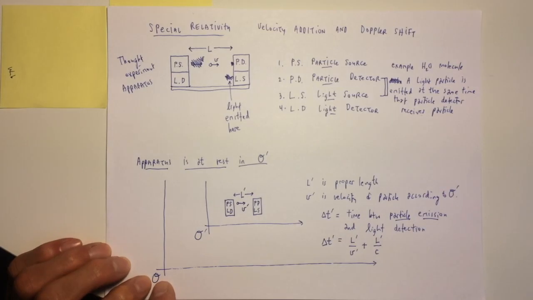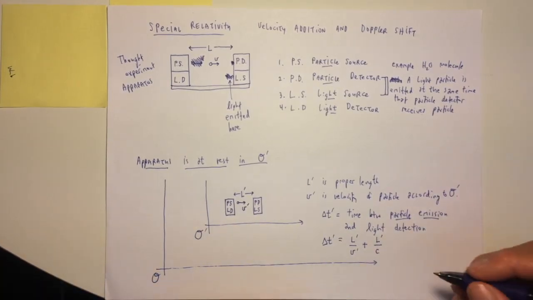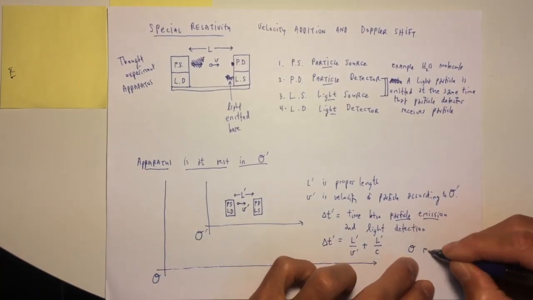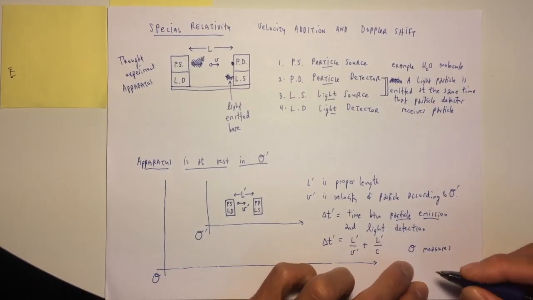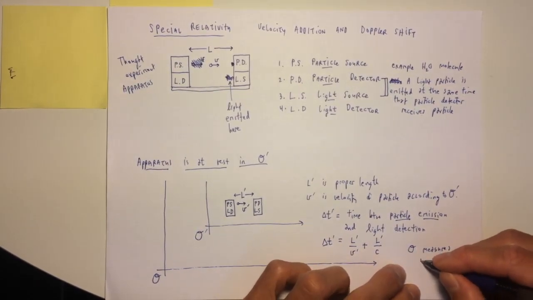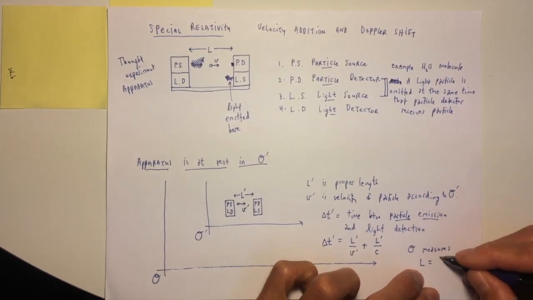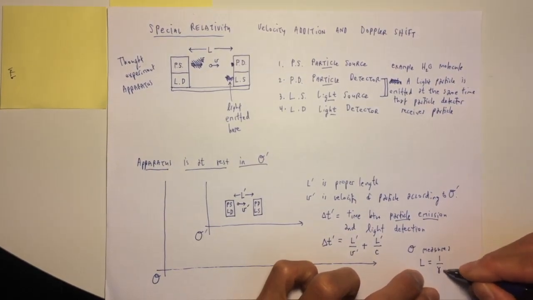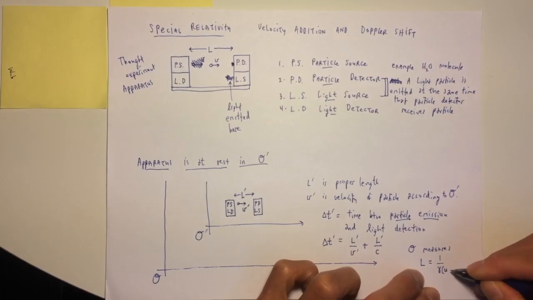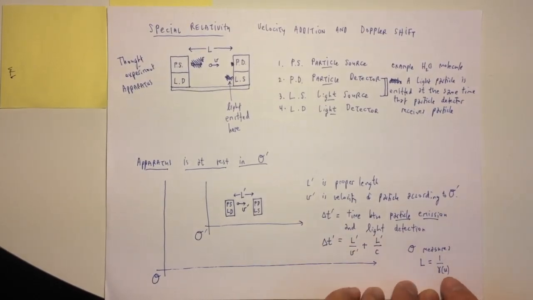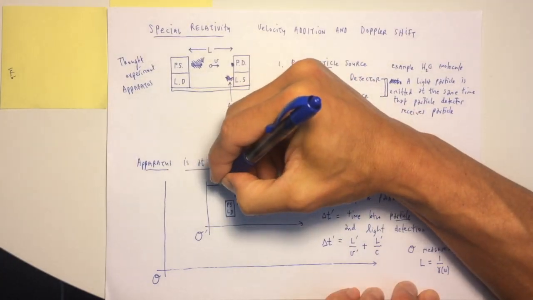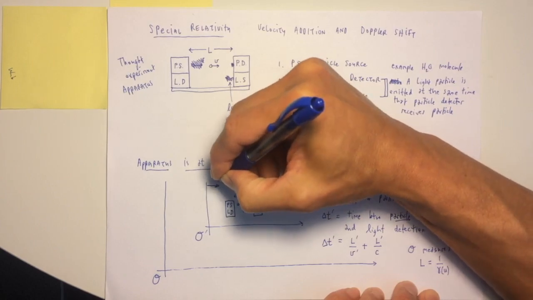And of course, O measures a length, which is a contracted length, so 1 over gamma, the gamma factor as a function of the relative speed of the two frames of reference.